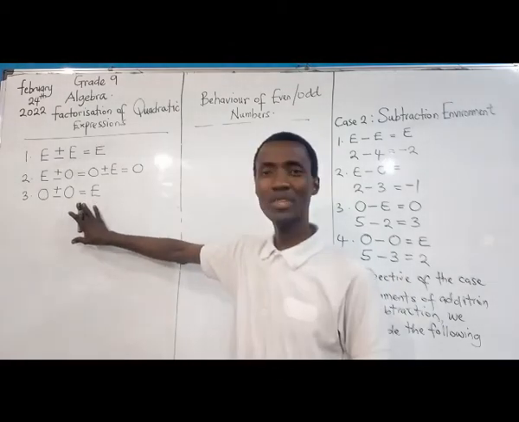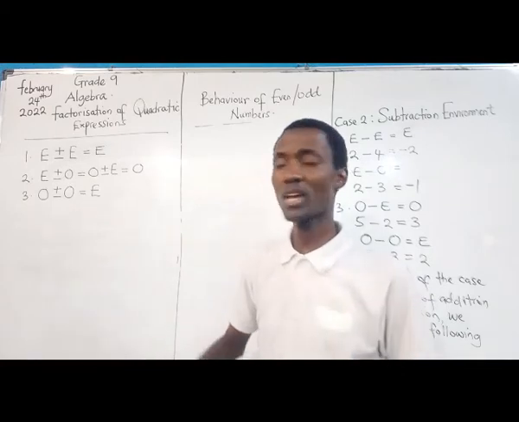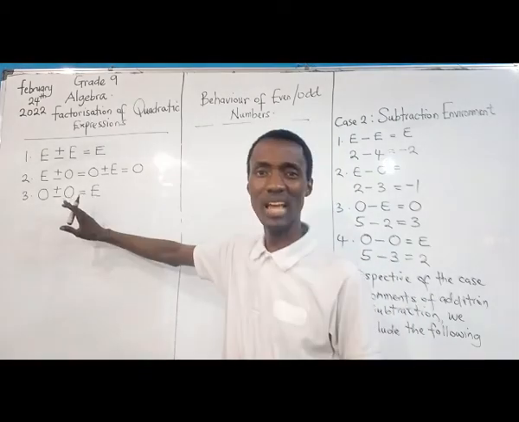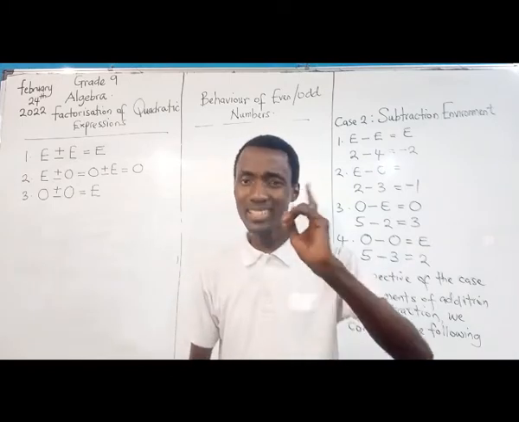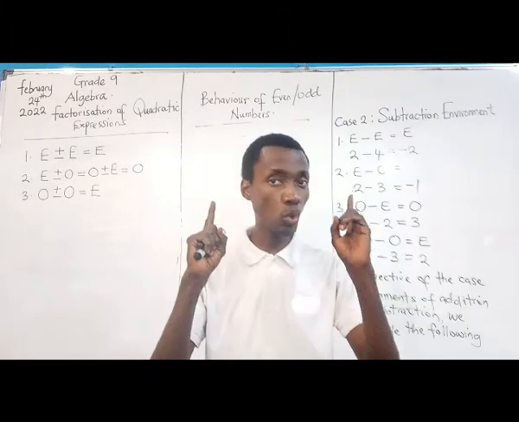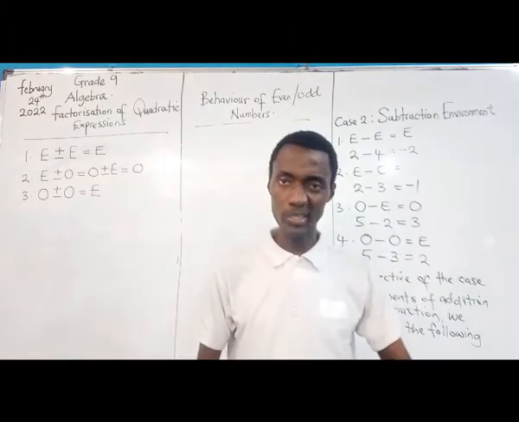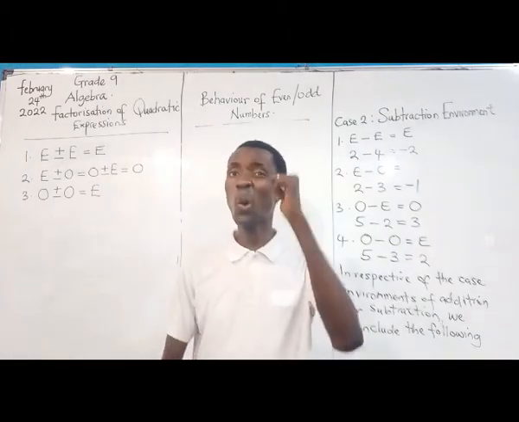We must keep this in mind. It's so important. A lot of students learn maths without taking into consideration this aspect. So if I think of two even numbers, whether I'm adding or subtracting, I must get even. If I think of two numbers, if one is odd and the other is even, whether I'm adding or subtracting, I'm going to get odd.